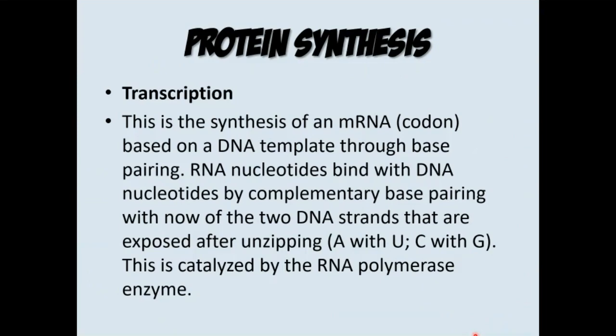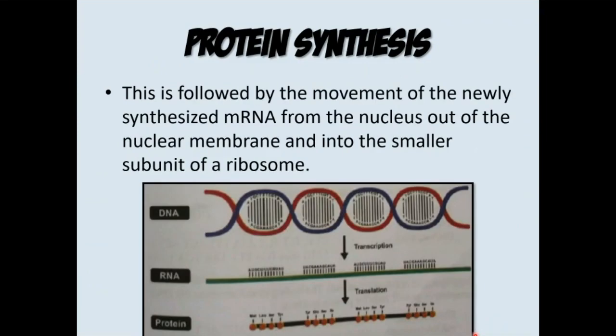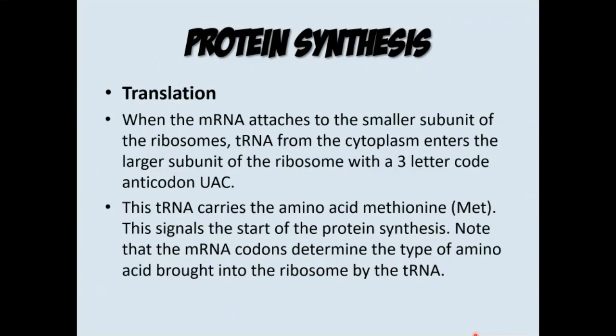So, this is followed by the movement of the newly synthesized mRNA from the nucleus out of the nuclear membrane and into the smaller subunit of the ribosome. Translation: when the mRNA attaches to the smaller subunit of the ribosomes, tRNA from the cytoplasm enters the larger subunit of the ribosome with a 3-letter code anticodon na UAC, no?